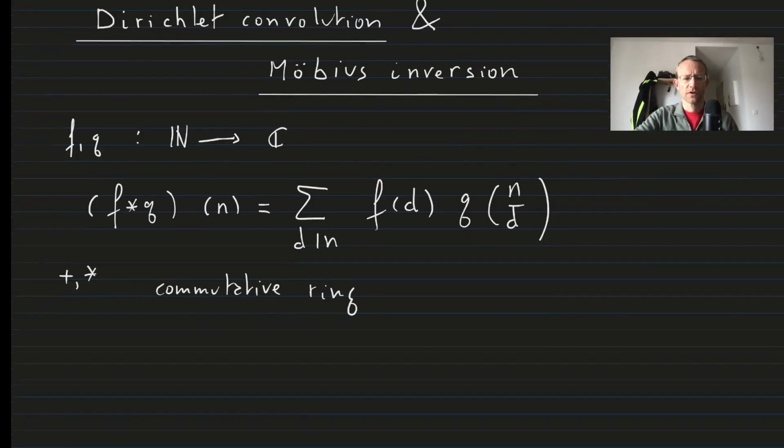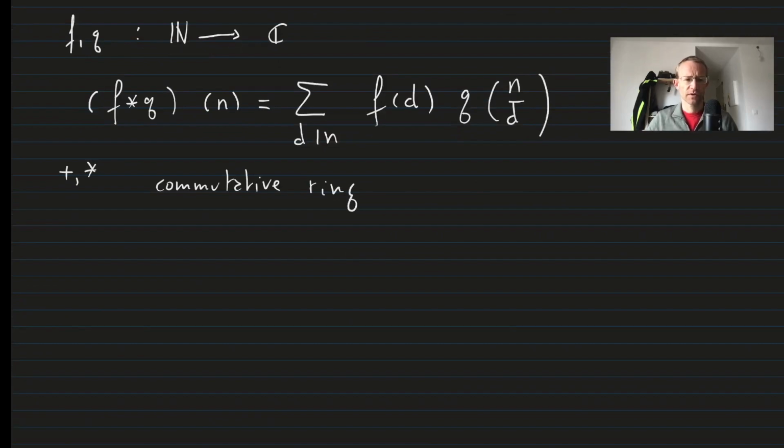What is the unit function in this ring, or the unit? Well, we'll denote it by epsilon, and epsilon of n is 1 if n is 1, and it is 0 for n bigger than 1.